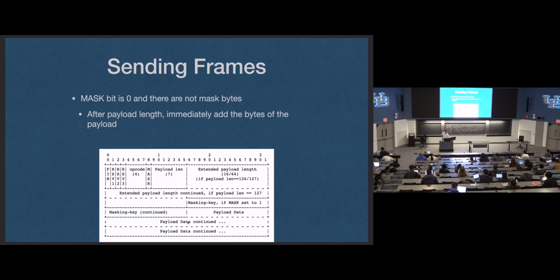And then when you get to the 5th one, that will wrap around back to the first byte of the masking key. So if this only had 5 bytes, for example, the 5th byte would be masked with the first byte of the masking key.